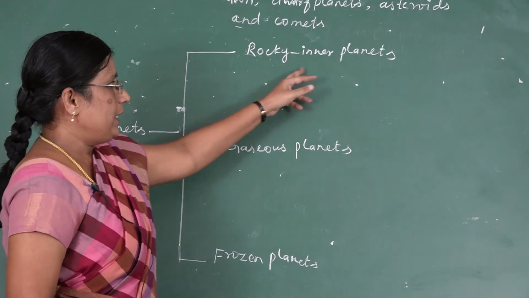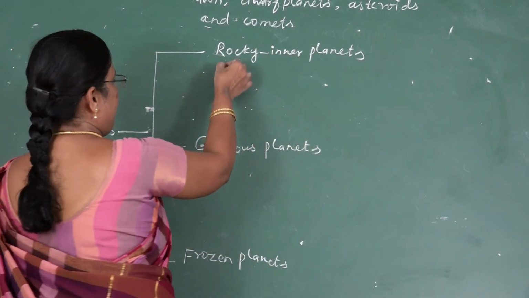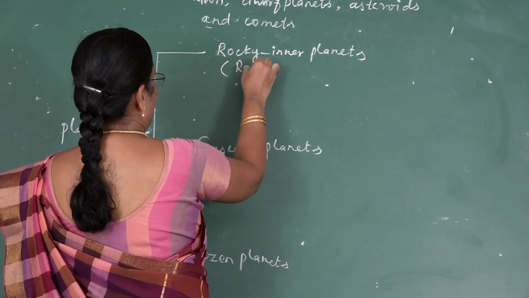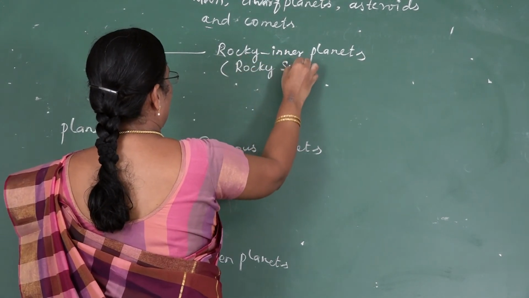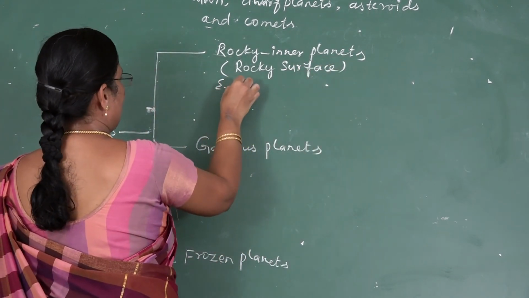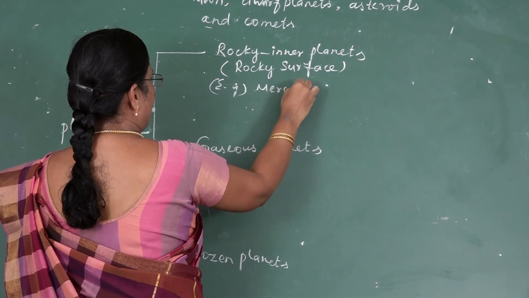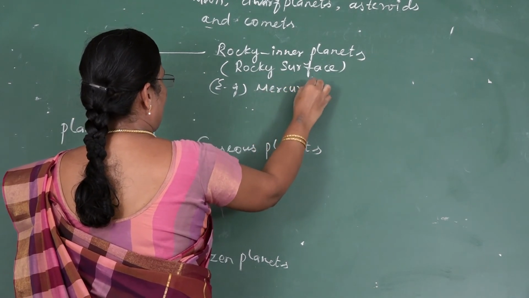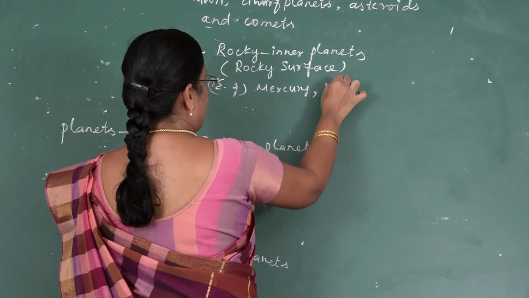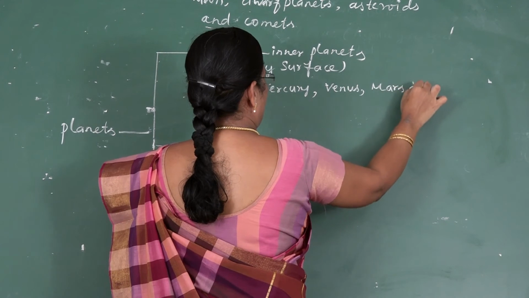What is called rocky inner planets? The planets which have rocky surface are called rocky inner planets. Example for this: Mercury, Venus, Mars and Earth.